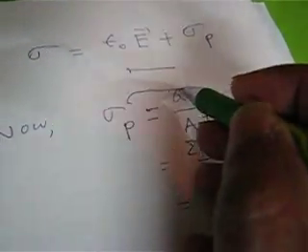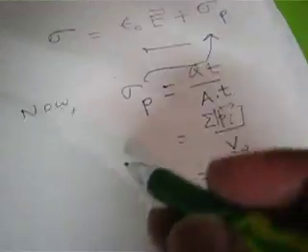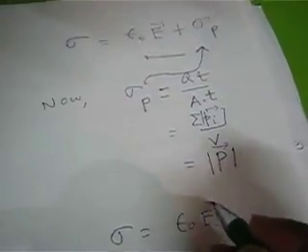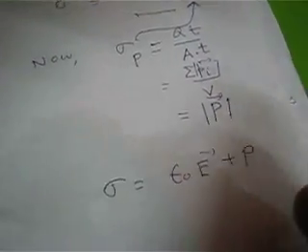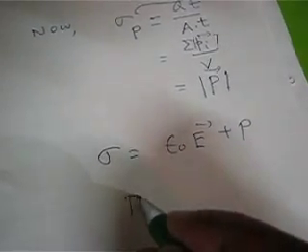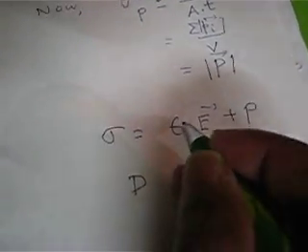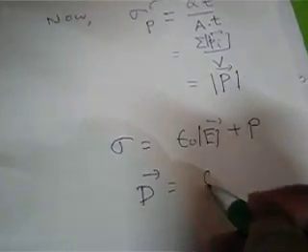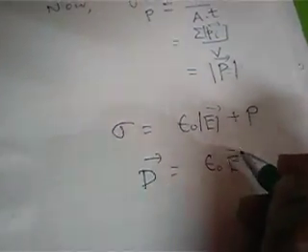So putting the value of sigma P in this expression, we have sigma equals epsilon naught E plus P. Sigma is nothing but D vector. It is already established earlier. So D vector equals epsilon naught E plus P vector.